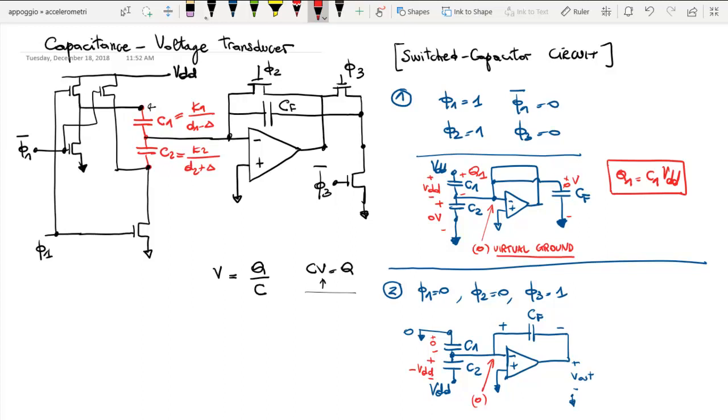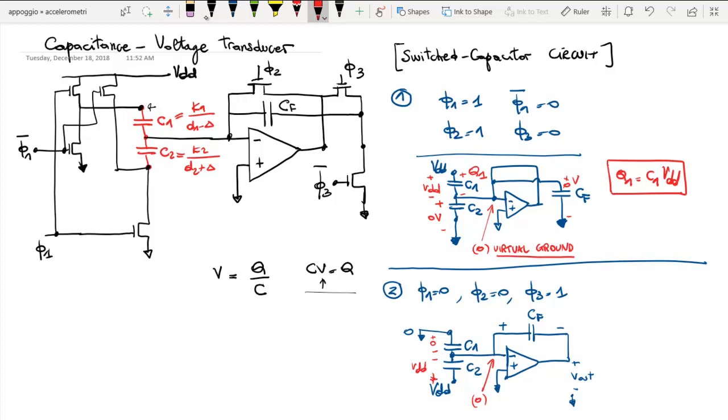So what is happening here? The charge on C2, and probably it's even better not to change the, because otherwise we can use this, we can call it VDD.